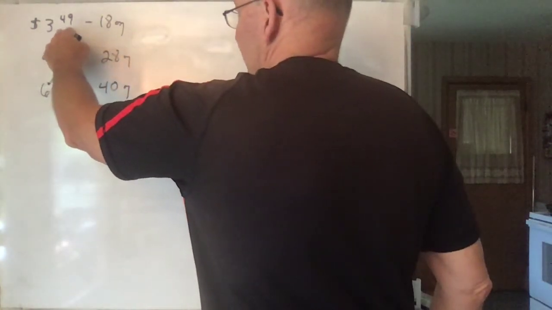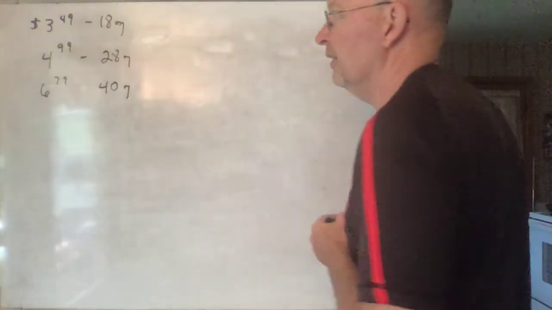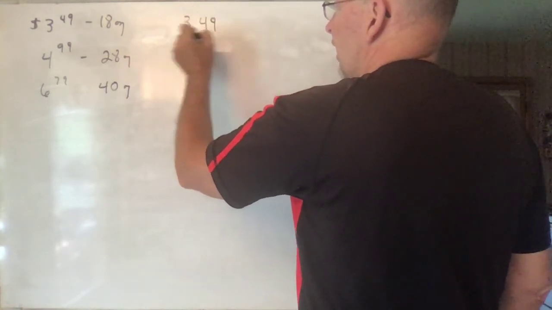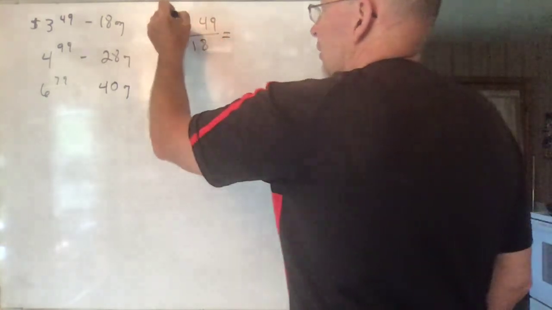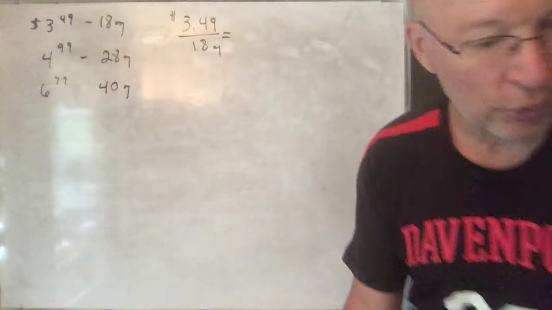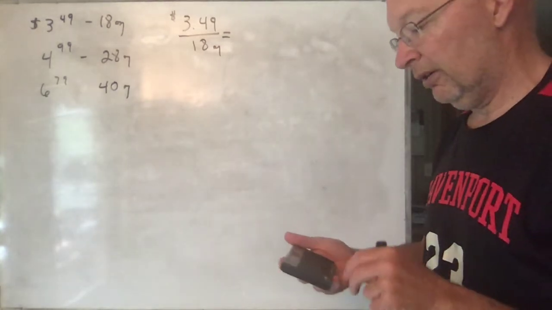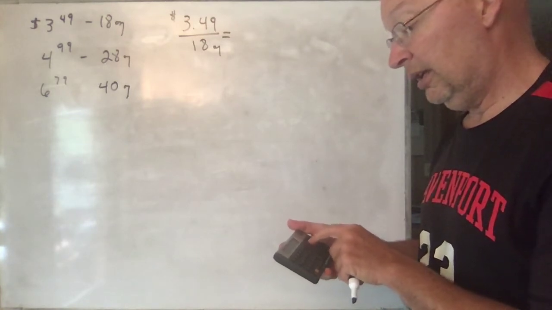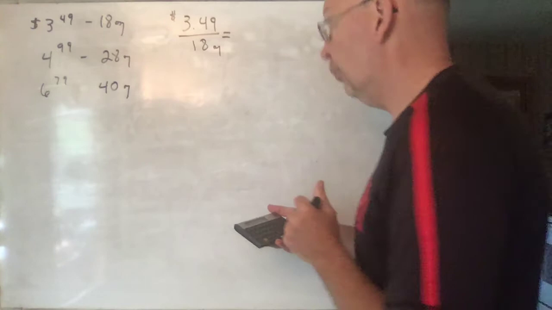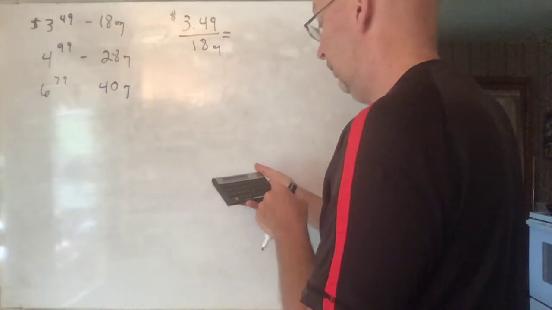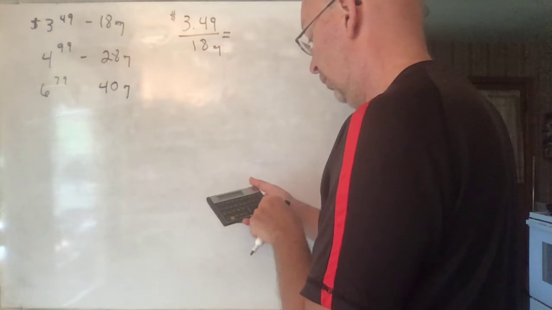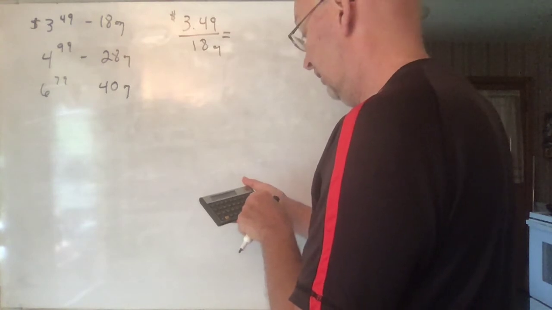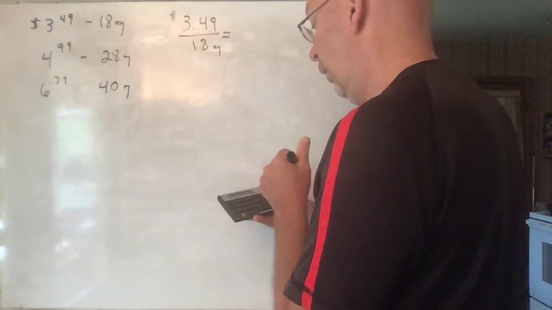So the price per ounce, this is your price, and this is per ounce. Per means divided by. So if you take $3.49 and divide that by 18, you end up with, I brought my little calculator along, 3.49, enter, 18 divide, let me do that again, 3.49, 18 divide, get 0.1939.